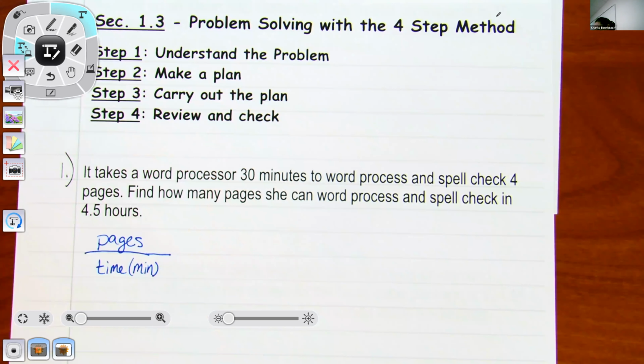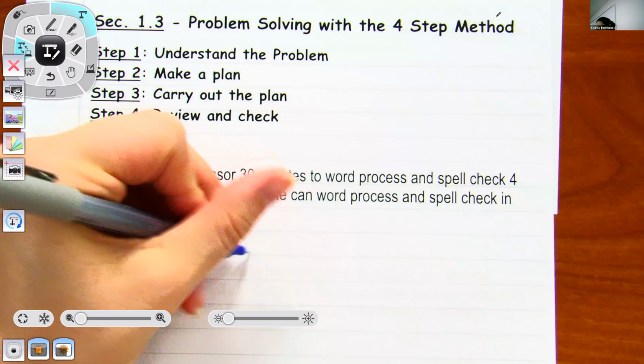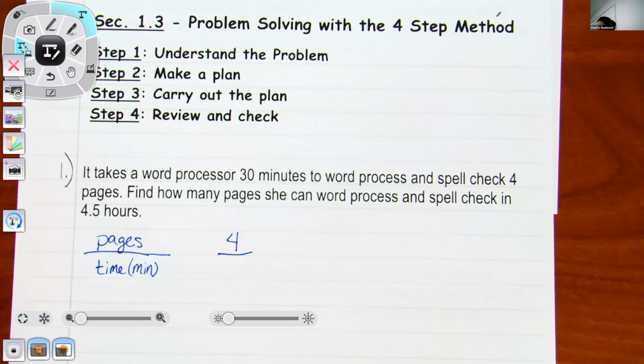Okay, so it takes 30 minutes to do 4 pages. Okay, and I want to make sure that I write, again, it doesn't matter what you choose to put on top, just as long as you do it the same across the whole problem. So that's why I wanted to write it down. So 4 pages in, oh, I want to do hours, not minutes.